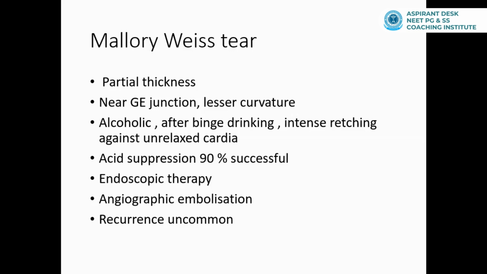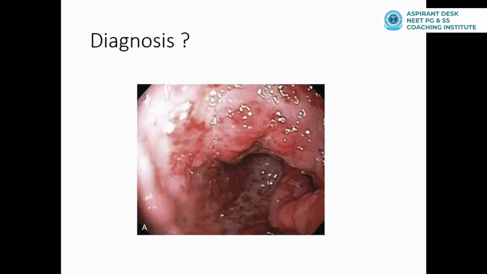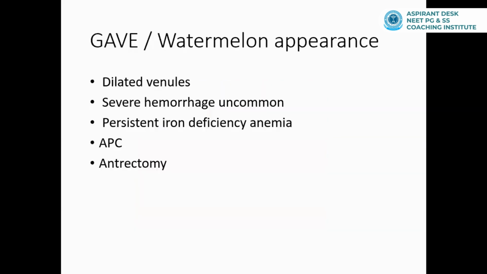The next thing is an endoscopic picture showing a patient with a UGI bleed. This picture shows the typical appearance of gastric antral vascular ectasia, the watermelon appearance. The dilated venules give the appearance of streaks over the mucosa.